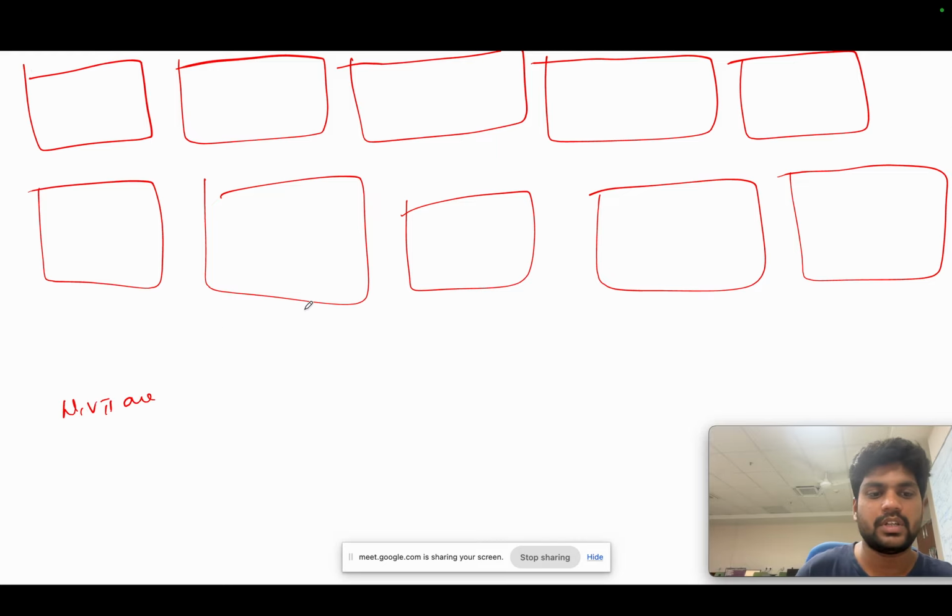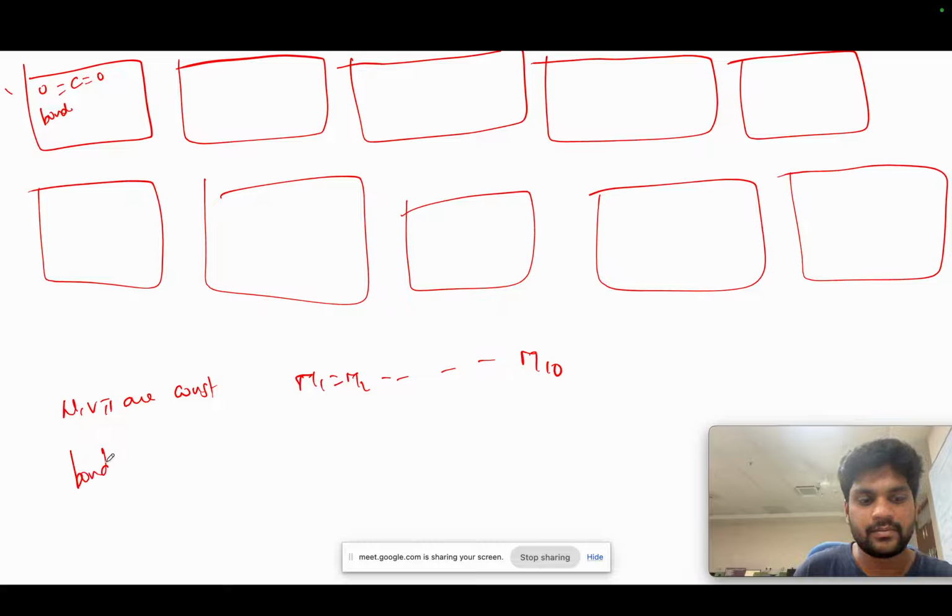So don't assume that they are different sizes. So all the microstates 1, 2, 3, 4, 5, 6, 7, up to 10: m1 equals m2 equals and so on up to m10. Now you have the molecule. This is the initial case, and the bonds also will be the same. Say suppose this is the initial condition I am writing here. It will be better.